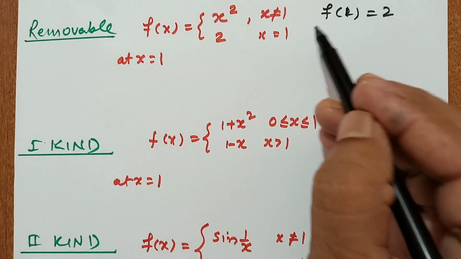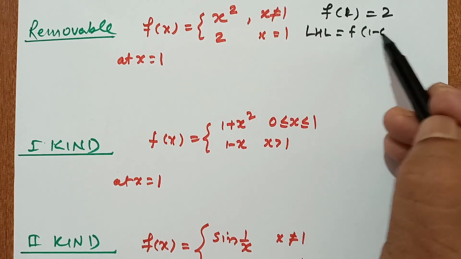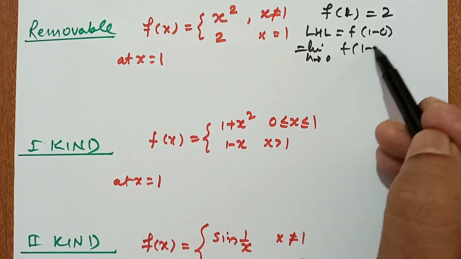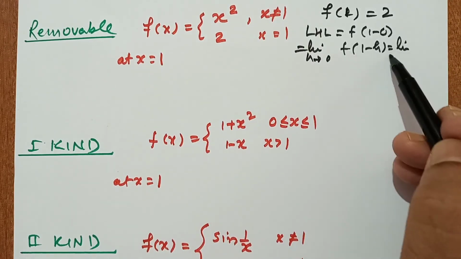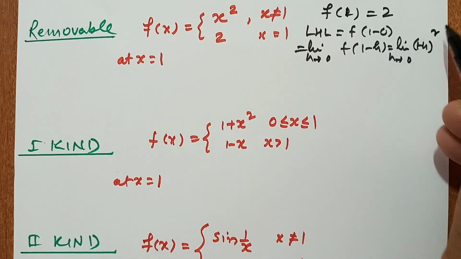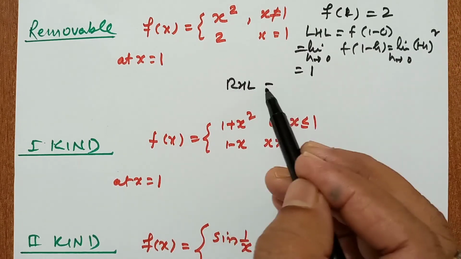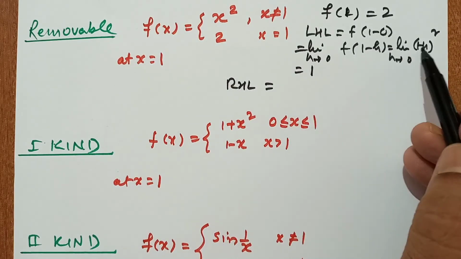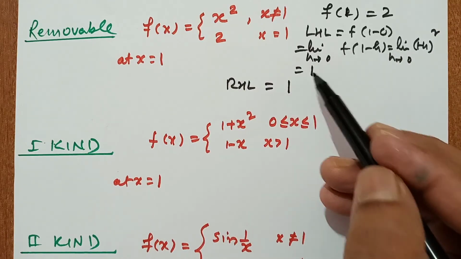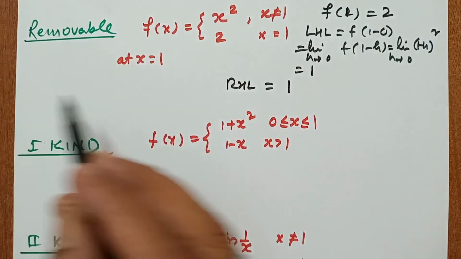The left hand limit, f of a minus 0, is the limit as h tends to 0 of f of 1 minus h, which is 1 minus h whole square. On taking the limit, this is equal to 1. Similarly, the right hand limit, 1 plus h, on taking the limit is 1. So the left hand and right hand limits are equal, but not equal to the value of the function. This is called a removable discontinuous function.